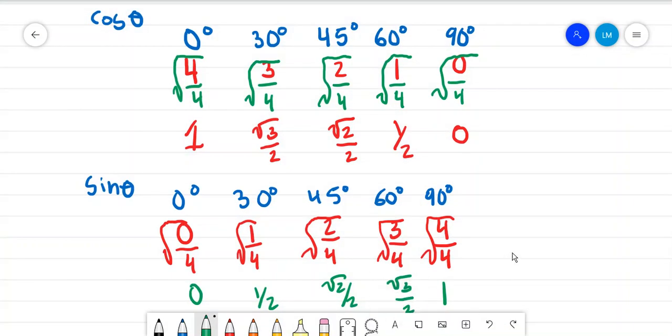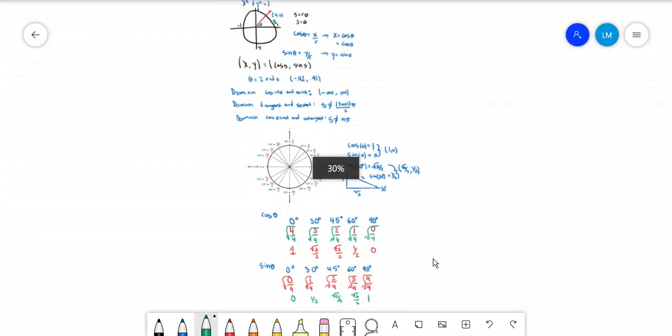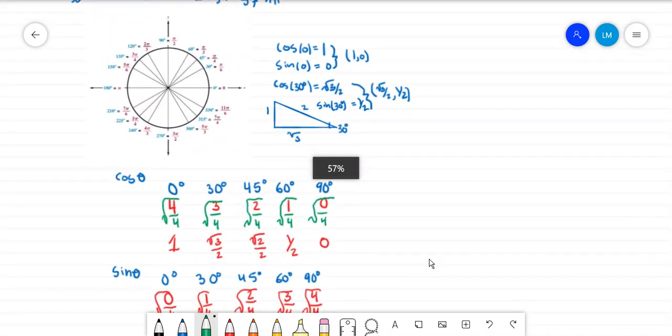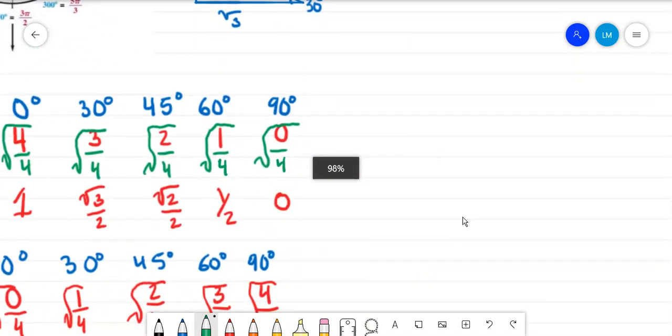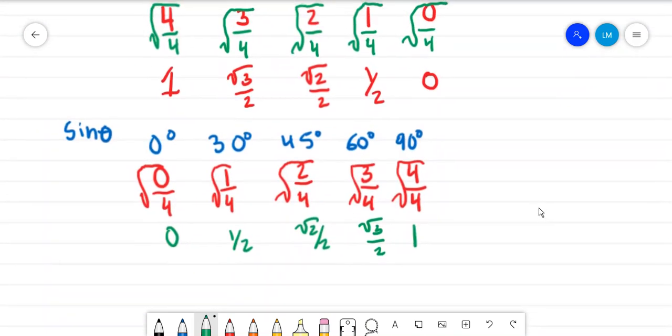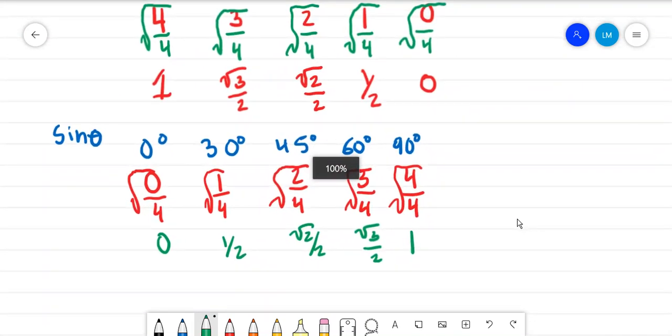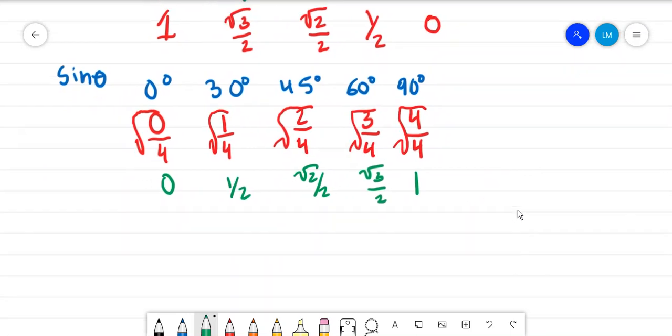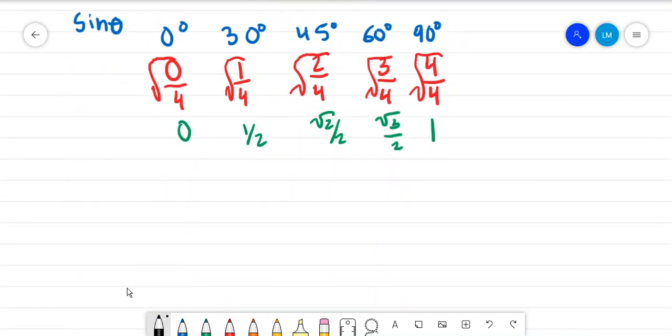Okay, now let's go ahead and do some examples where we want to find a particular value. So let's say that we have sine of 4 pi over 3.